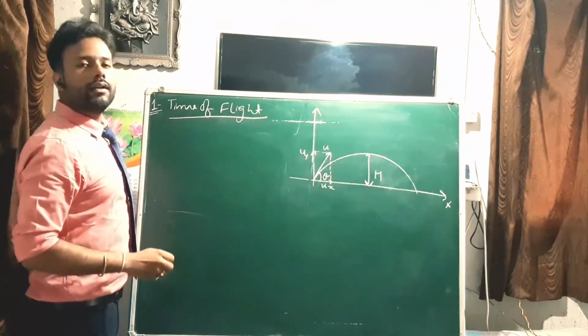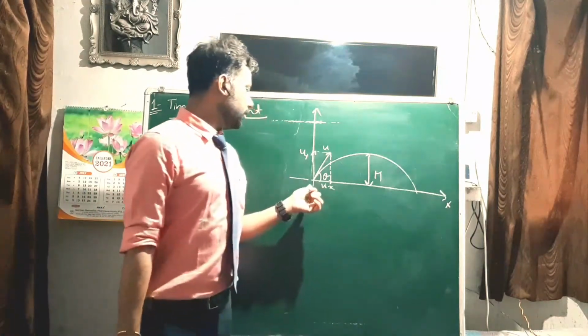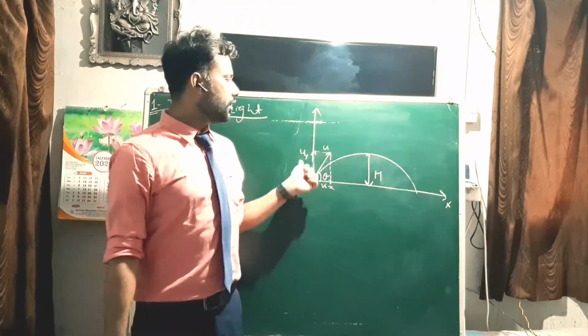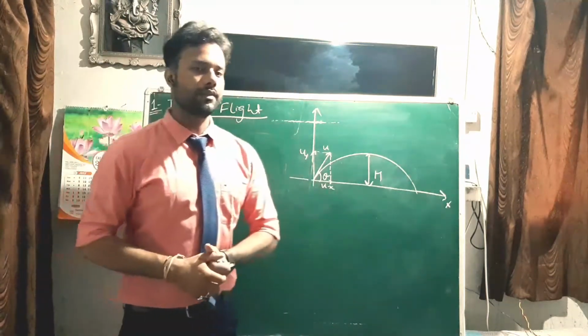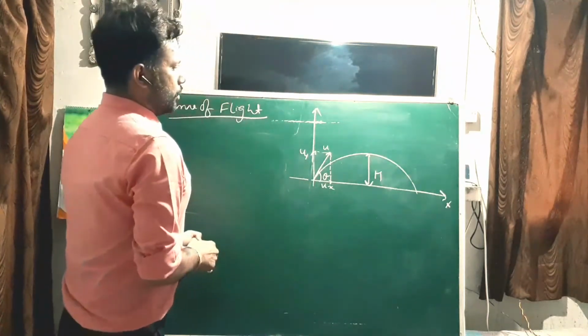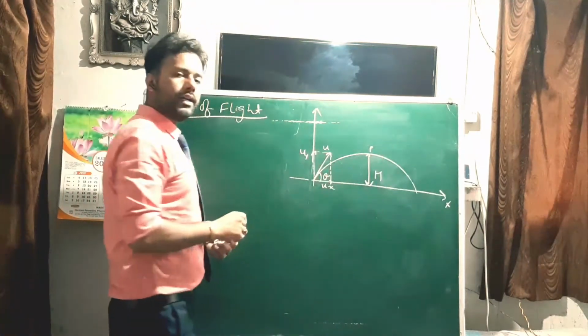Now what is time of flight? Time of flight is the total time taken by the projectile from the instant of projection until the projectile lands at some distance, right? So take a point, let's say P, at the highest point.